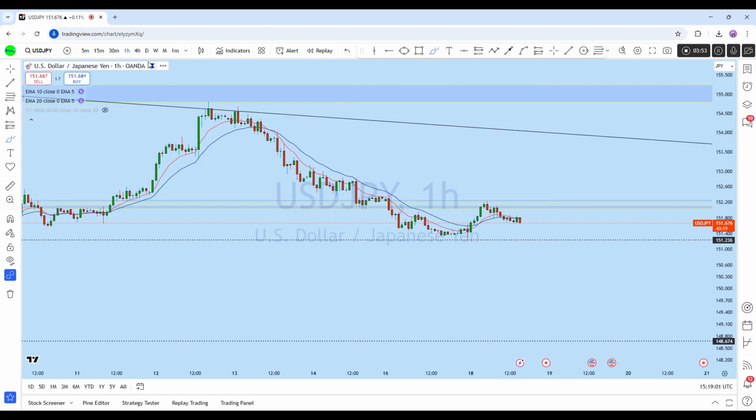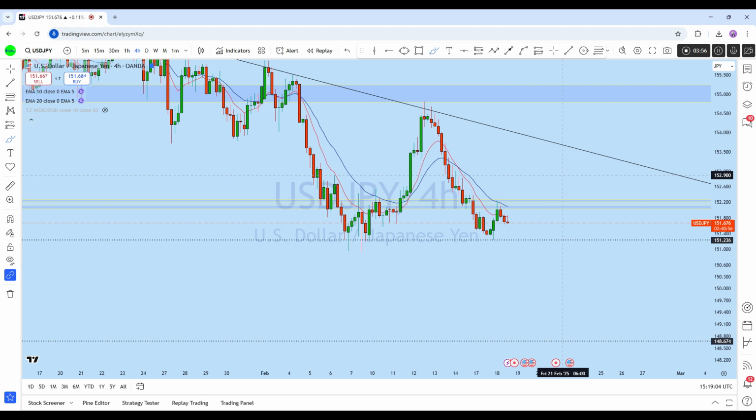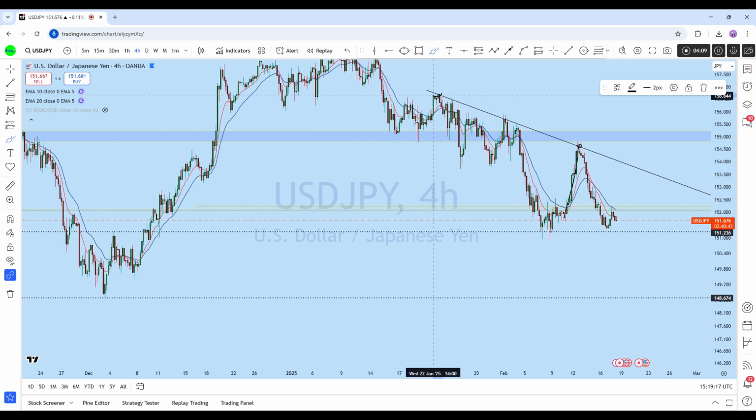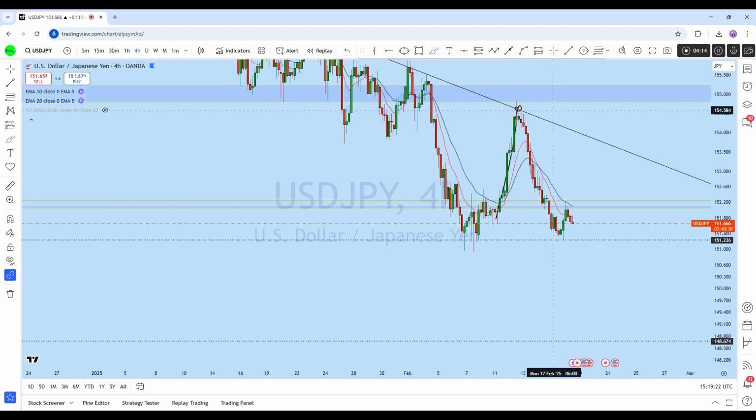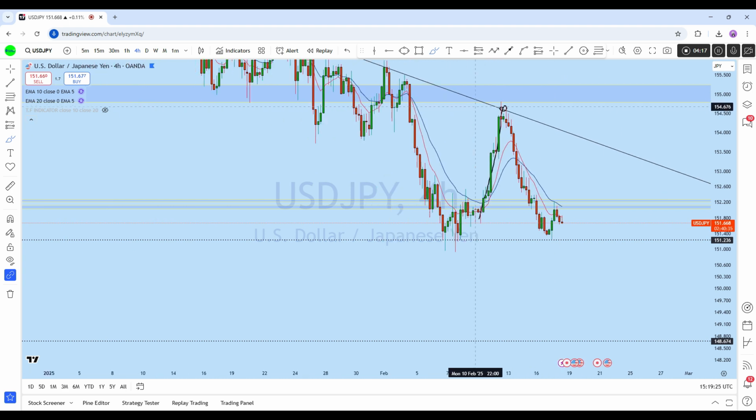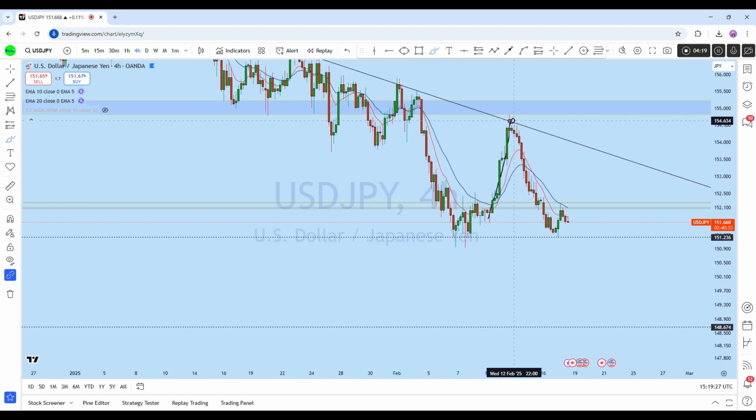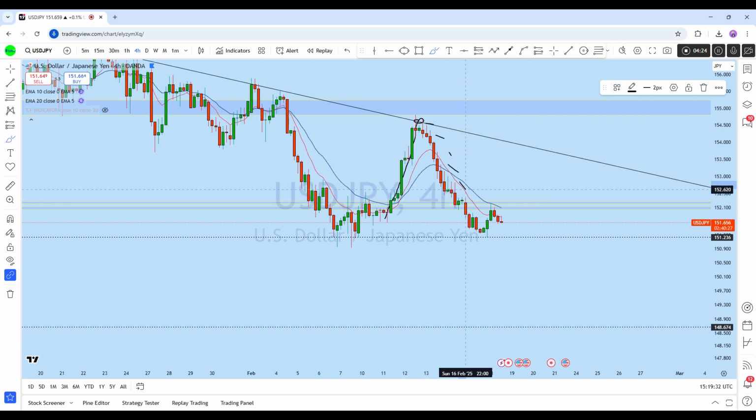Dropping down to the intraday time frame, from the 4 hour we can see this trend is looking organized. There was a breakout here, which is in fact a retest of this previous resistance, and also resistance here, which is turning. From that resistance the market managed to break below, and every session the price was forming a series of lower highs.